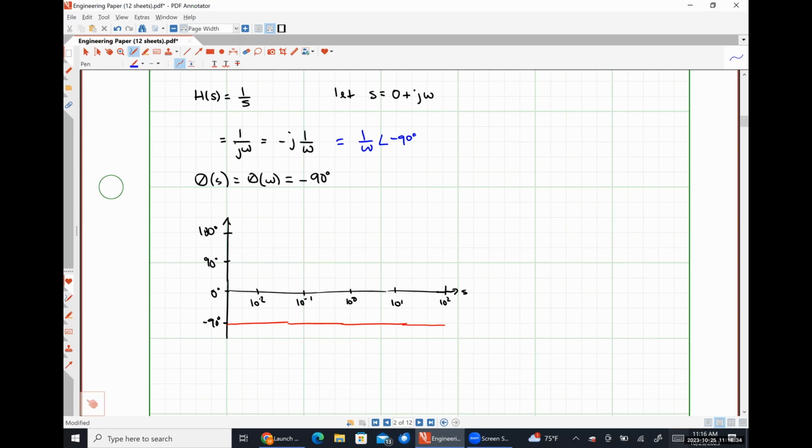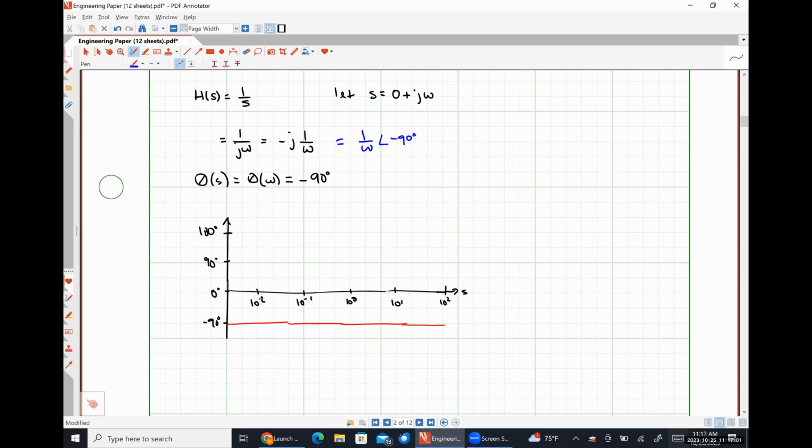And then I'm just scaling that by a factor of 1 over omega. So I get a constant phase angle of negative 90 degrees. When we do a 0 at the origin in a moment, we'll see that we have a constant phase angle of positive 90 degrees for that particular case. All right, so this is how a pole at the origin behaves.